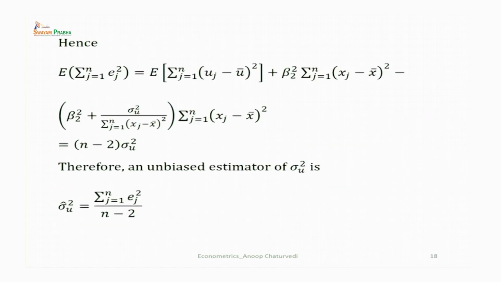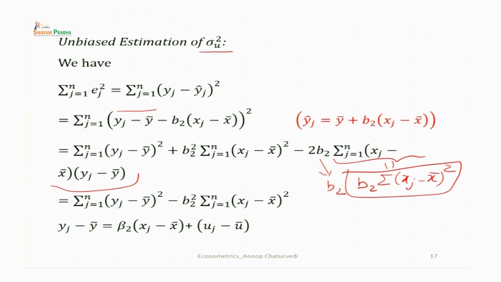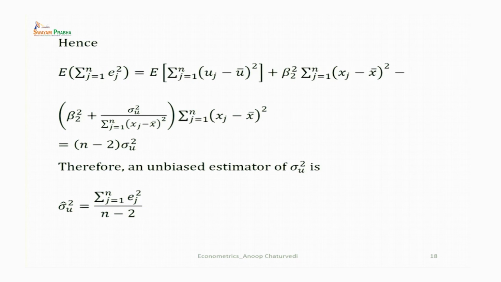So, from here we obtain expectation of summation E j square equal to expectation of summation u j minus u bar square plus beta 2 square summation x j minus x bar square minus we take the expectation of this term, expectation of B2 square is actually equal to variance of B2 plus beta 2 square.